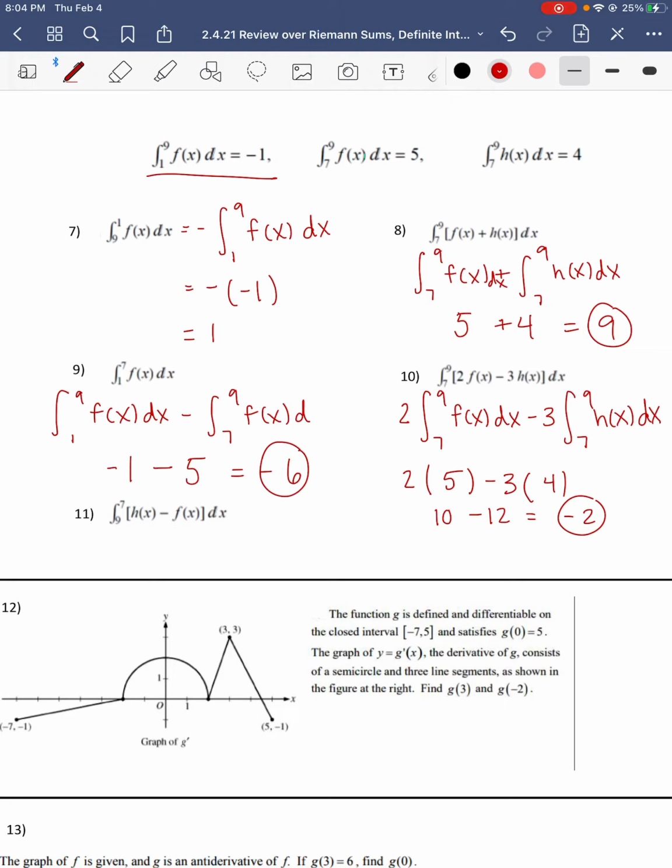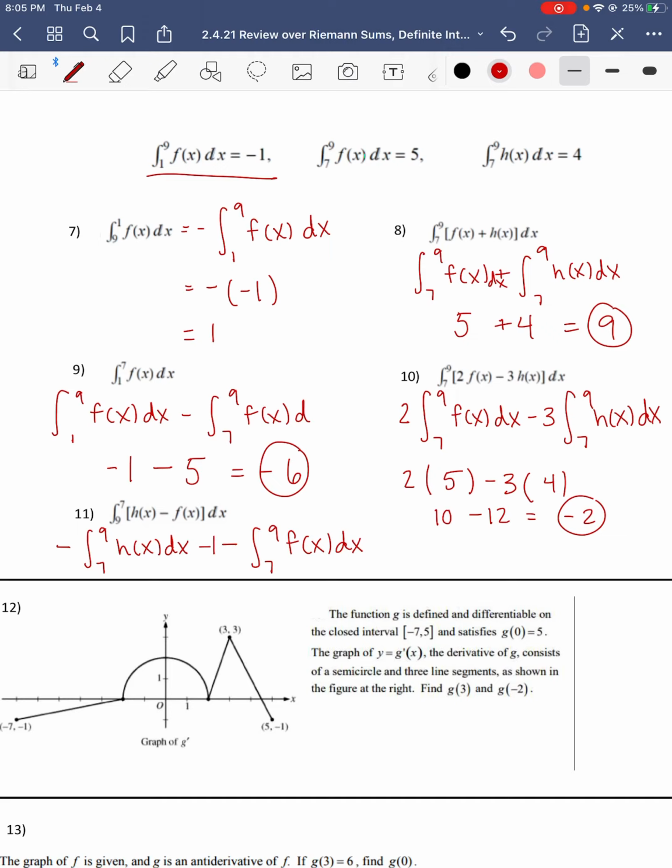Alright, and number 11, notice it's backwards again, so the 9 is on the bottom. So we have to make it negative when we change it. So it would be negative the integral from 7 to 9 of h of x dx minus, and then we're going to flip the f of x as well, so that one's going to be negative the integral from 7 to 9 of f of x dx.